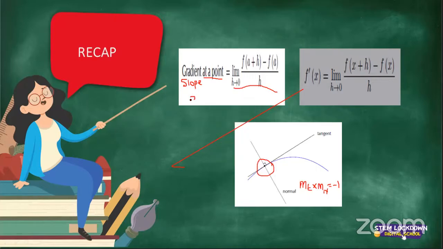So the value of x is represented by a. So this is actually the value of x, the same thing here. So when you're calculating the derivative, you can use the rules of differentiation to get the gradient or the slope, okay?